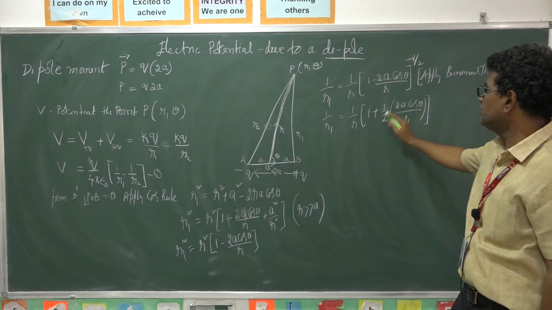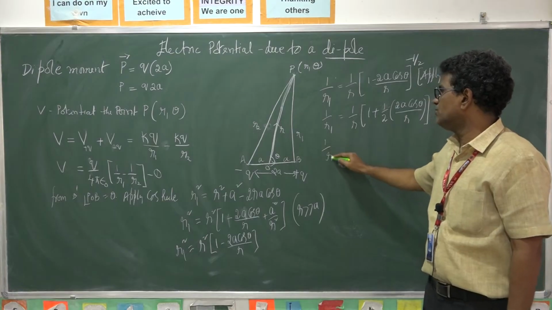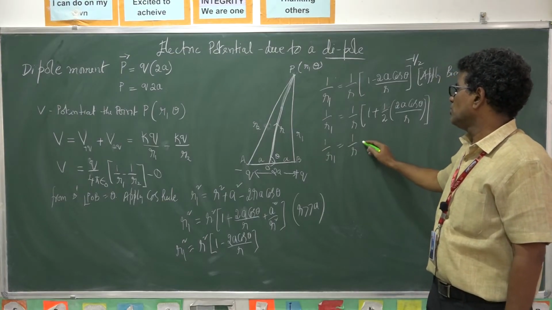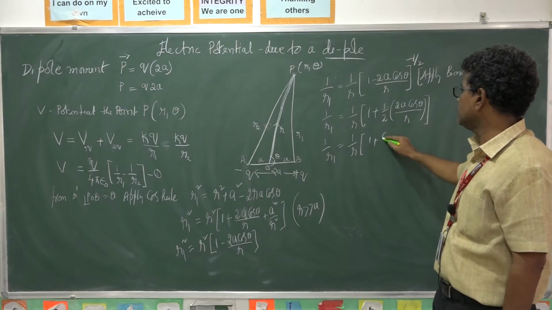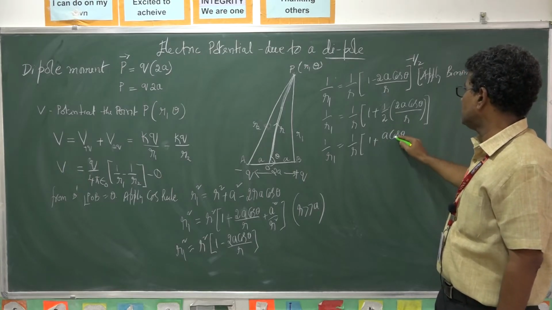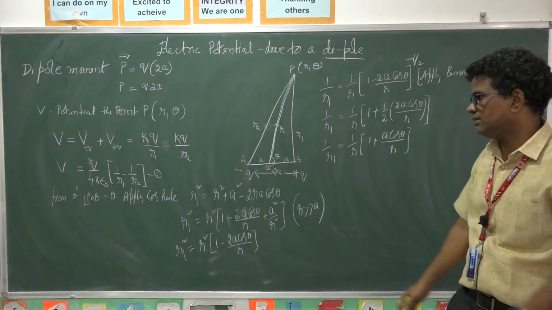This 2 and 2 get cancelled. So you will get 1 by R1 is equal to 1 by R into 1 plus A cos theta by R.